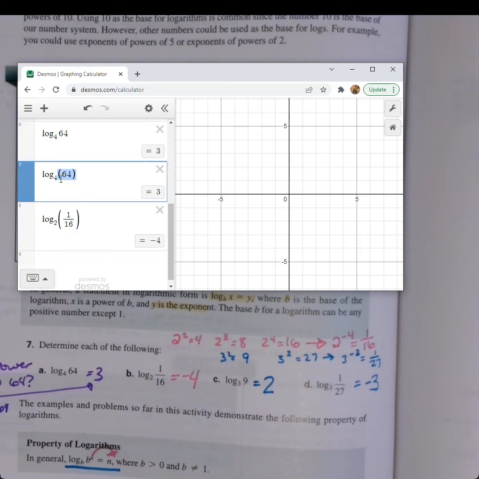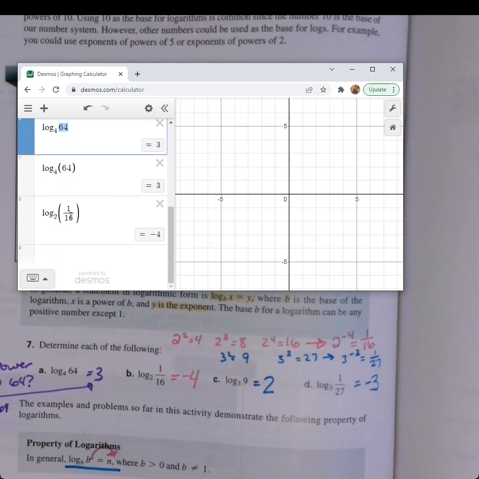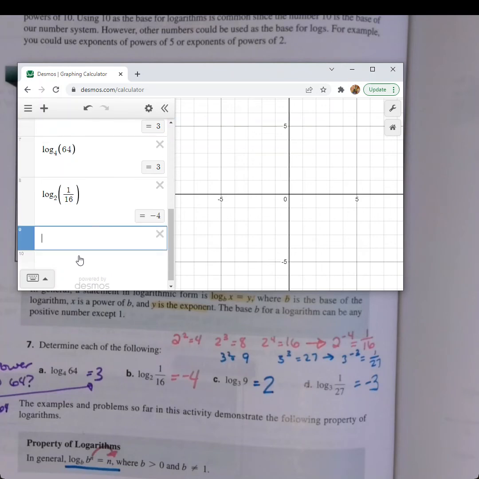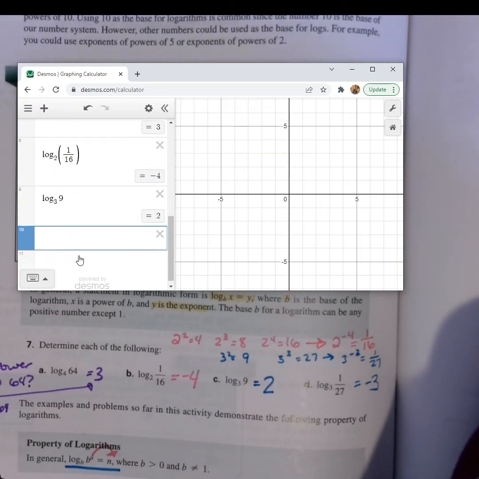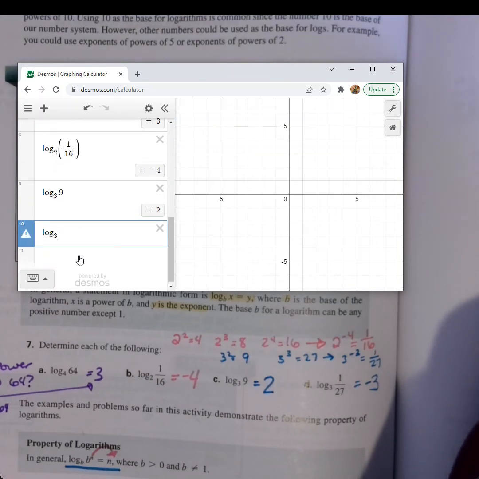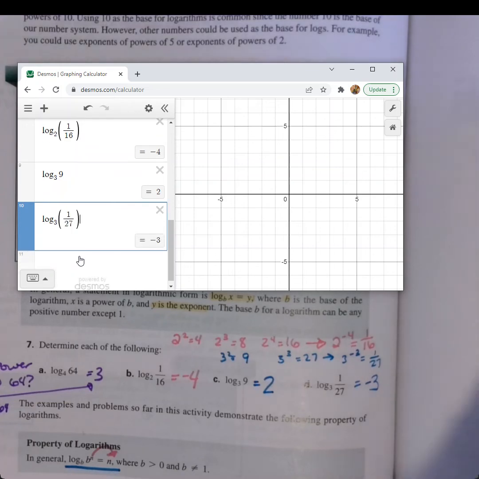When I clicked on the function, notice how they gave them to me automatically. They're not necessary if I have a single term inside the logarithm. However, if I have something that's a complex expression like a fraction, then I'm going to need to insert them myself. So log base 3 of 9, that was 2. And then last one, log base 3 of 1/27, that was -3.